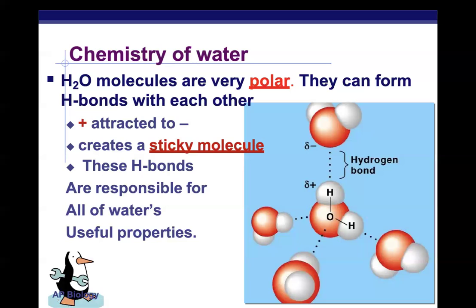So, at the very foundation of why water has all these really important properties, think of this picture, think of its very polar nature, think of its ability to form so many different hydrogen bonds with other water molecules, a maximum of four per water molecule.